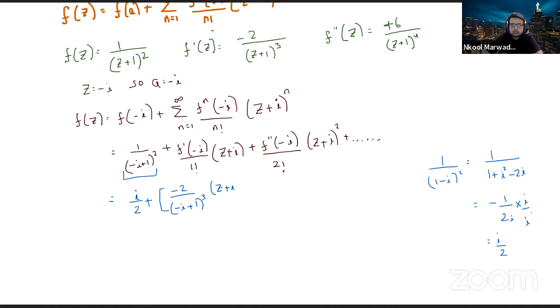Similarly, f double dash of minus i will become 6 upon, instead of z, I have to write (minus i plus 1) to the power of 4, into 1 by 2 factorial, which is 1 by 2, into (z plus i) square, and so on.